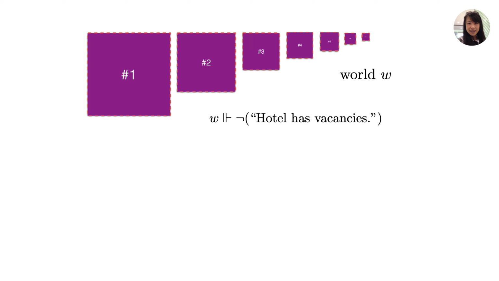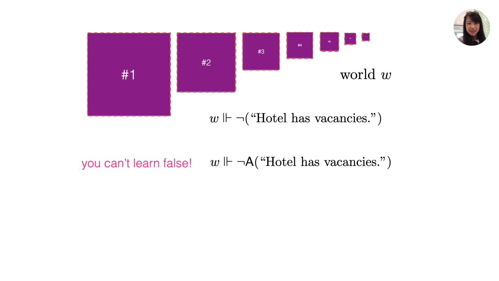So in world W, the hotel has no vacancies. So we basically look at the statement, the hotel has vacancies, and in world W, this statement is false. Since this statement is false, we're not able to know that the hotel has vacancies simply because the statement is false.